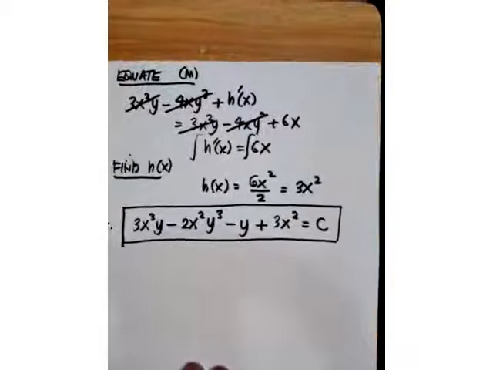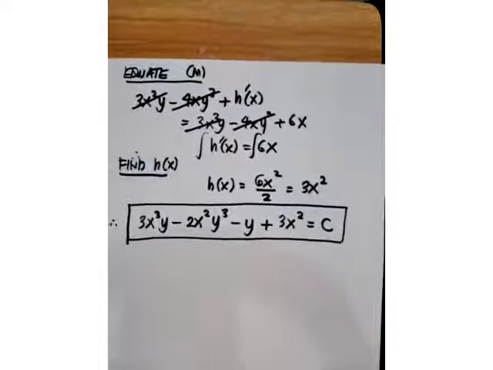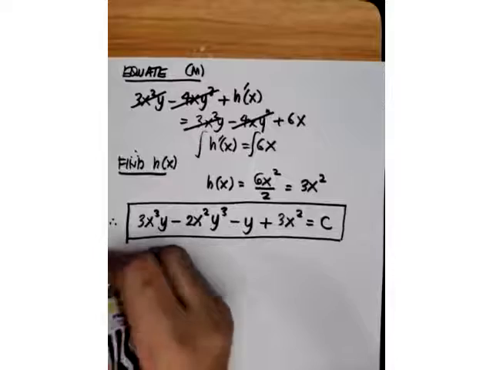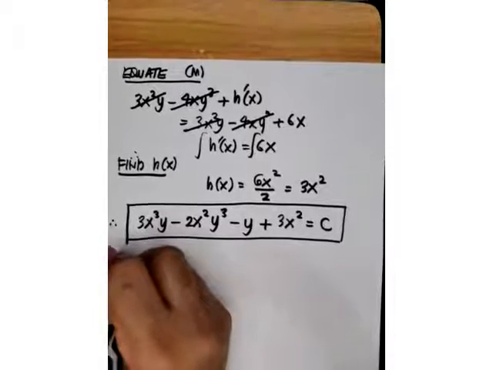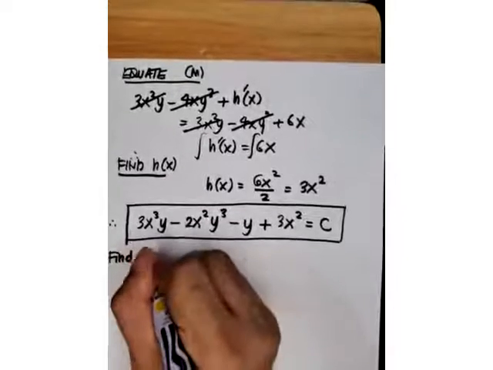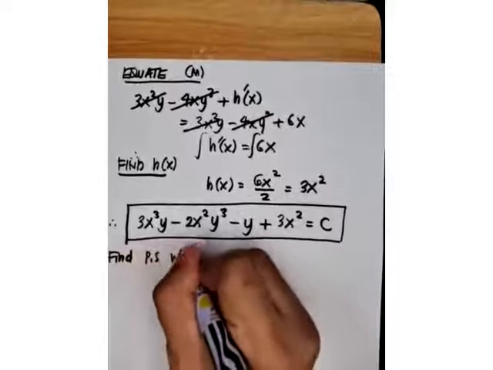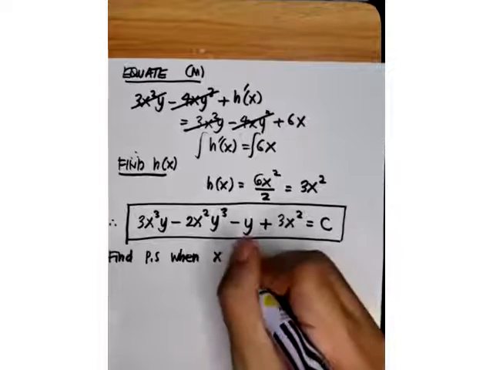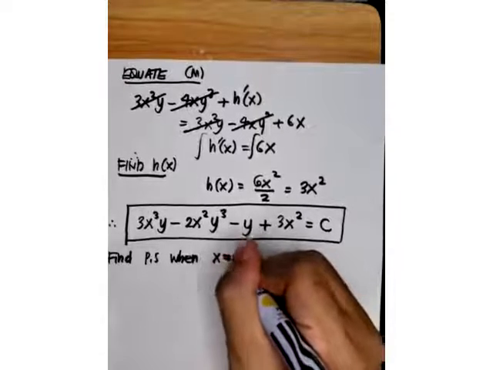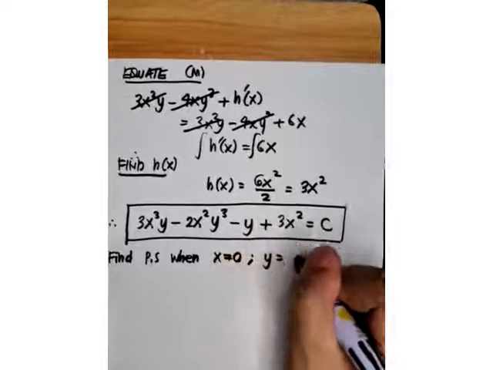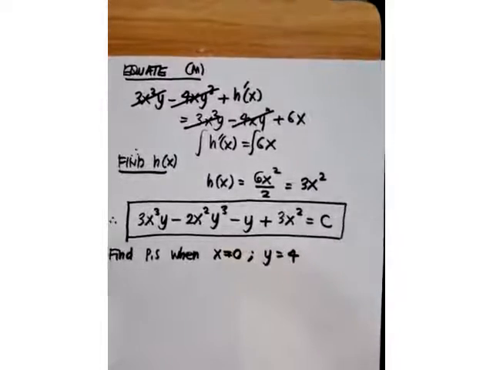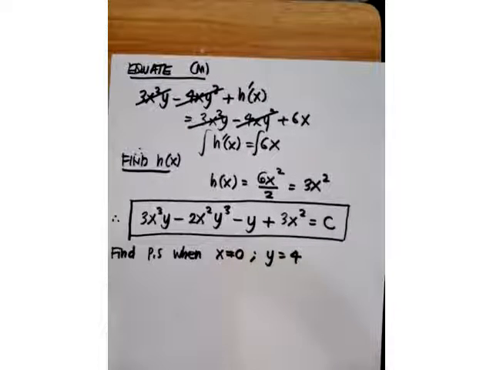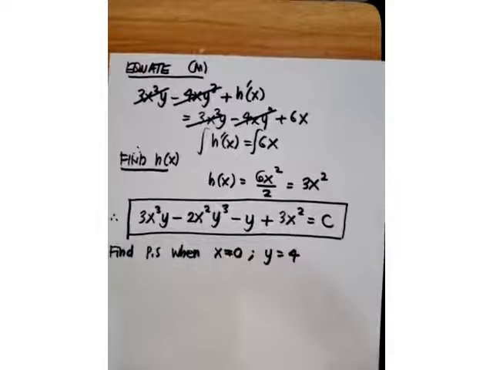Okay. Let's add something to the problem. So find the particular solution when x is equal to 0, y is equal to 4.